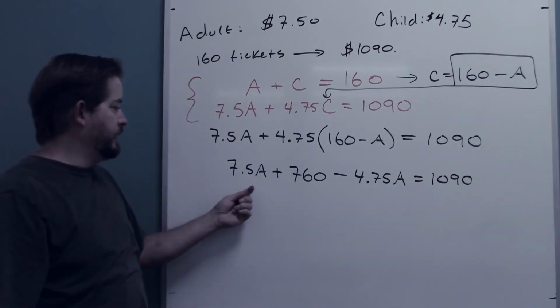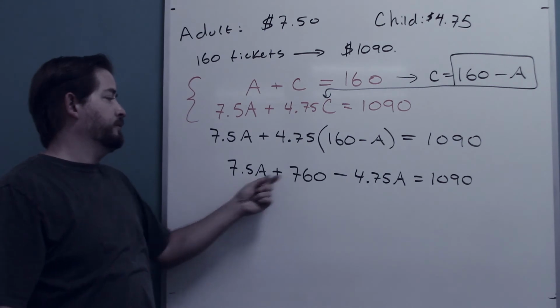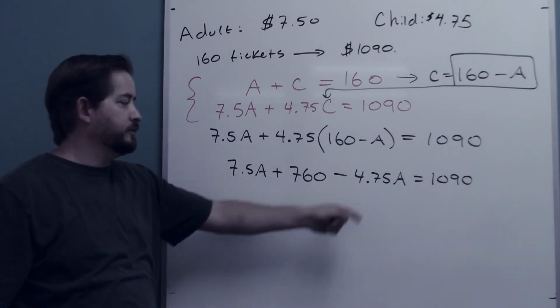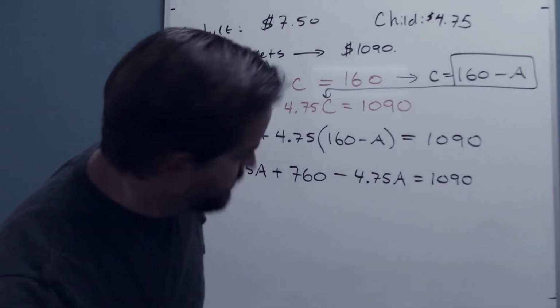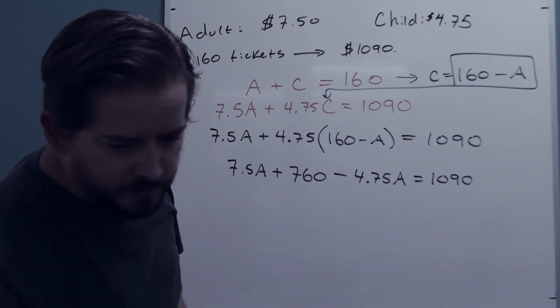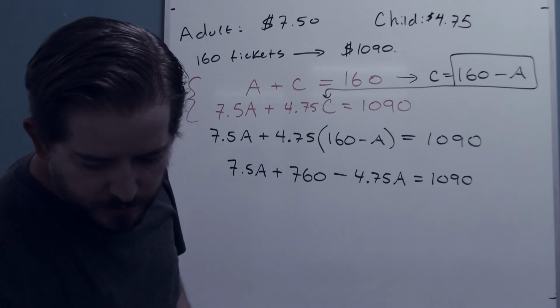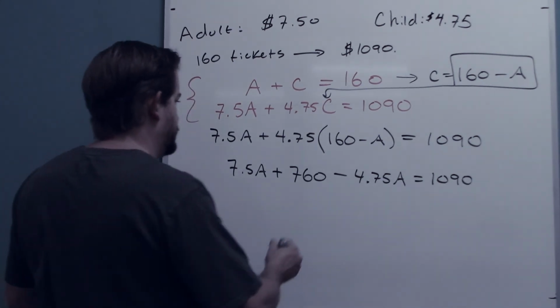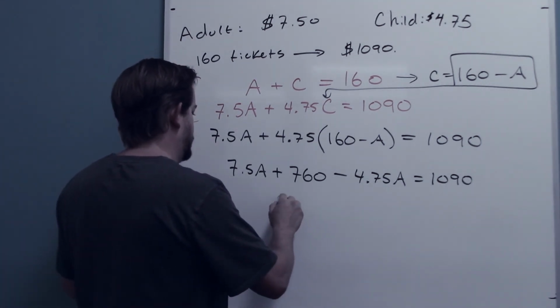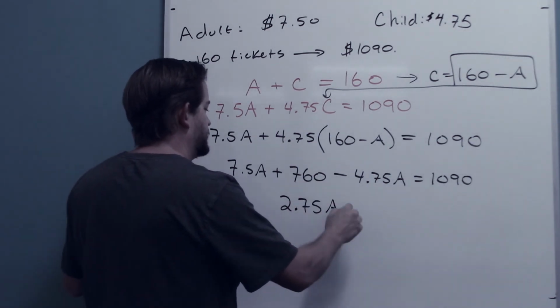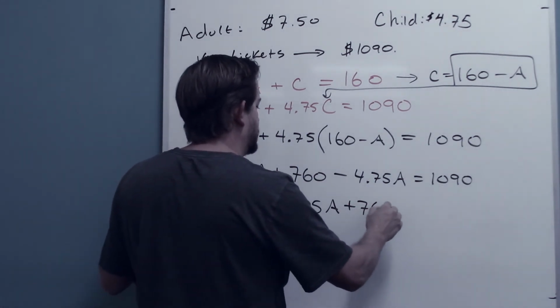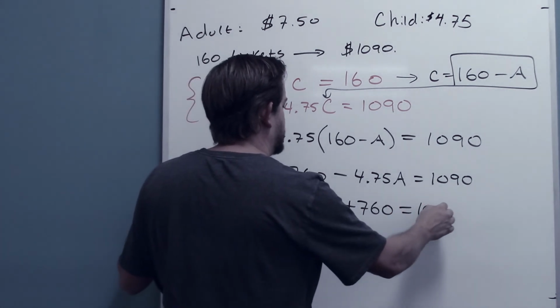I can combine my 7.5A and minus 4.75A. That becomes, I'm gonna do that one here too. That's 2.75A, plus the 760 is equal to 1090.